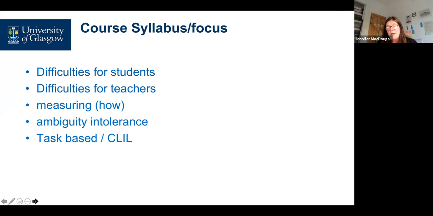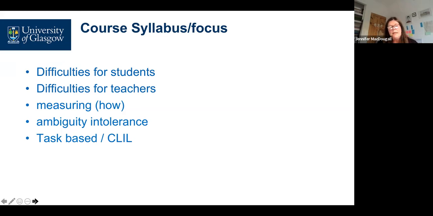Our marking criteria can take time to get used to. And it requires a lot of professional judgment, and a lot of understanding of what the construct validity is. What is it that we're really looking for?